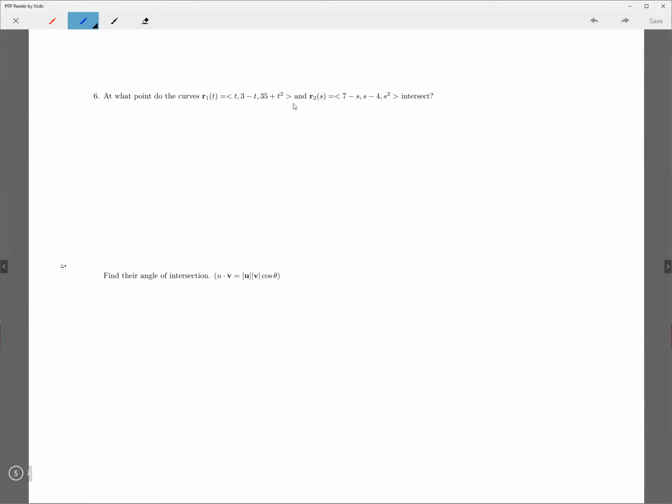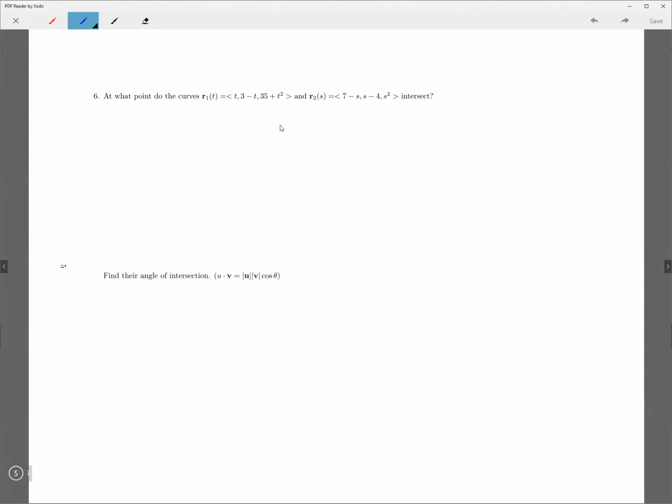If you just have one of them, it doesn't really matter what variable you use. If you use an s here, it's still going to be the same thing, for convenience.